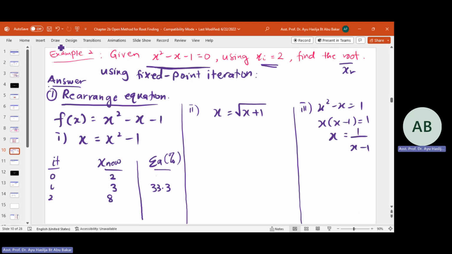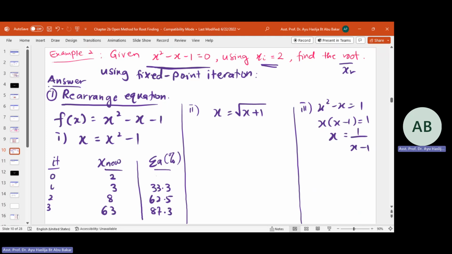Right, what is the EA? 62. Iteration 3. You get 63, right? How is the EA? 87 point something, right?